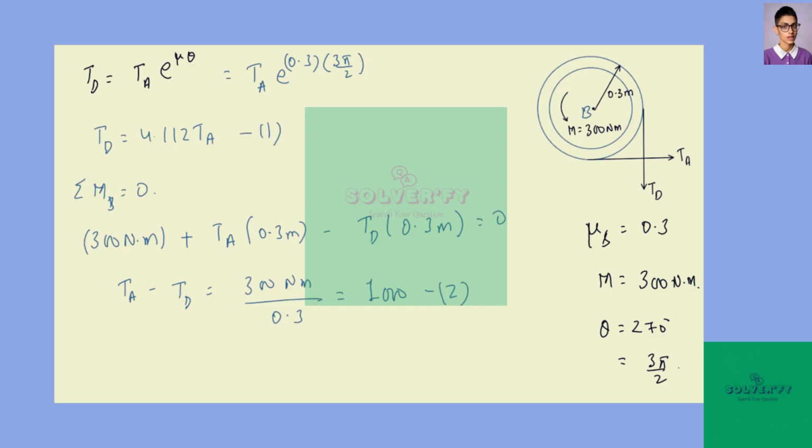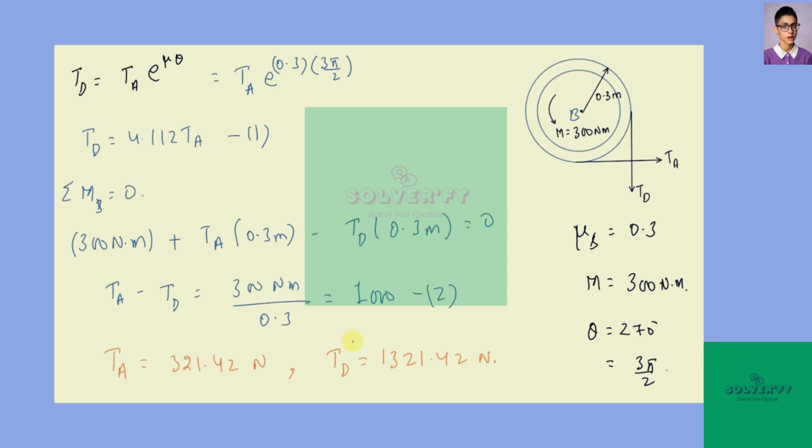We're going to solve these two equations simultaneously, and we'll get the value of TA as 321.42 Newton, and TD as 1321.42 Newton. Actually I made a mistake here, it should be a minus sign here and a negative sign here. Now we're going to solve it further.